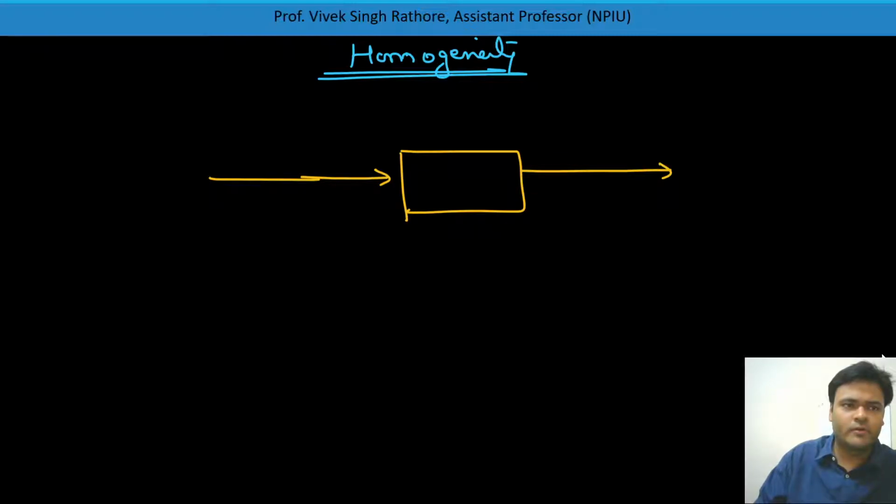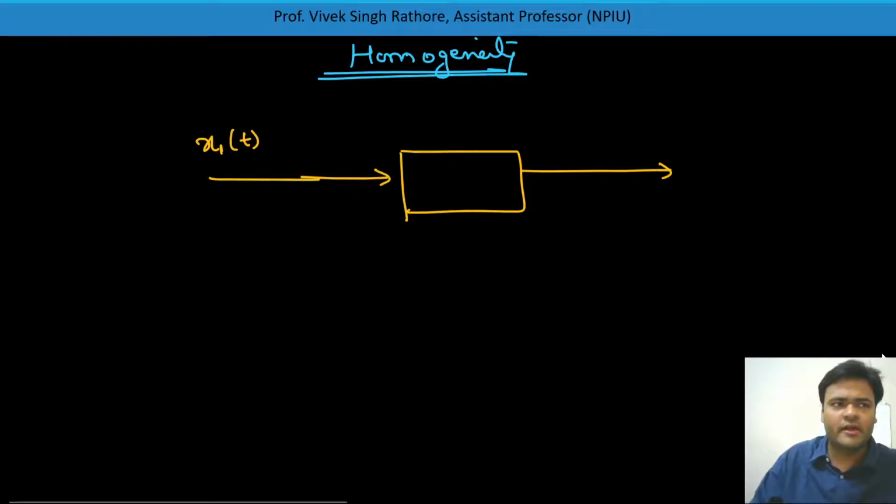If you have applied to a system a signal and output is there, let's suppose x1(t) is your input and the system is there, and you have got some output y1(t).